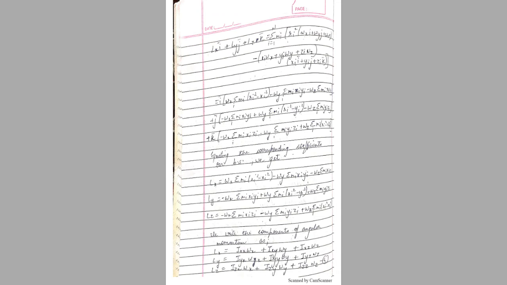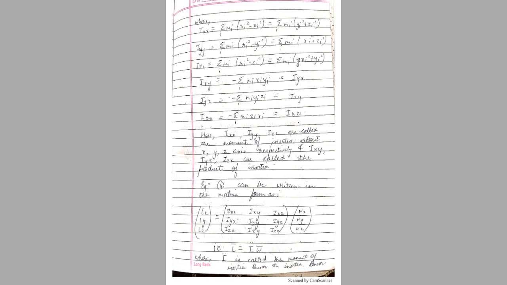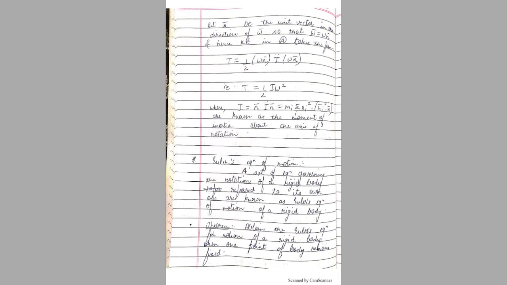See here, L vector is equal to I double dot into omega vector. This I double dot is called the moment of inertia tensor. This we have already proved in the previous theorem that I explained in the previous lecture.